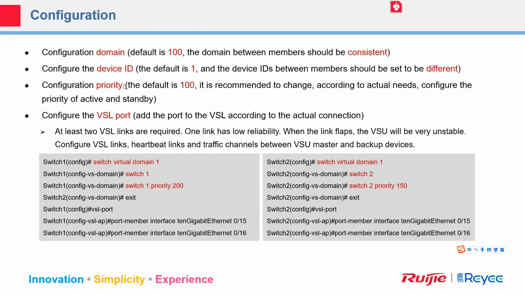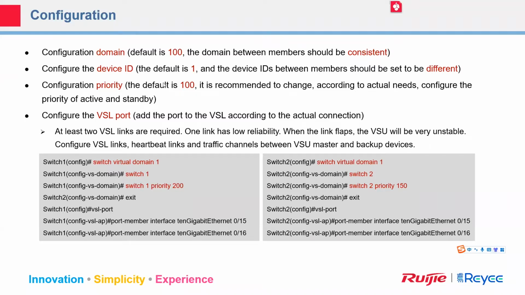For the configuration, of course, you have to check the version and check whether the connection is ready or not. Then we can add the configuration. First, we have to add the domain ID. The domain ID is 1. The default value is 100. And in the same VSU, the domain ID should be the same. The second one, we have to add the switch number.